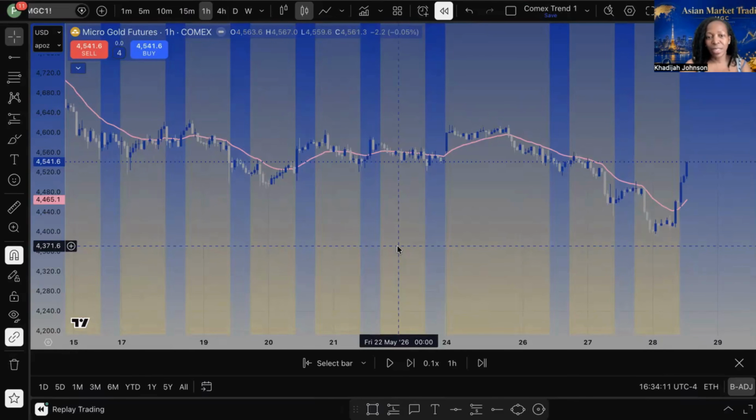So I customized my background, even my candlesticks. I did that because if you are new to trading, sometimes you're looking at the candlestick, and red is an alerting color. When you see your candle or your move going against you in a bearish way, you get anxious or you tighten up, or you start feeling some type of way.